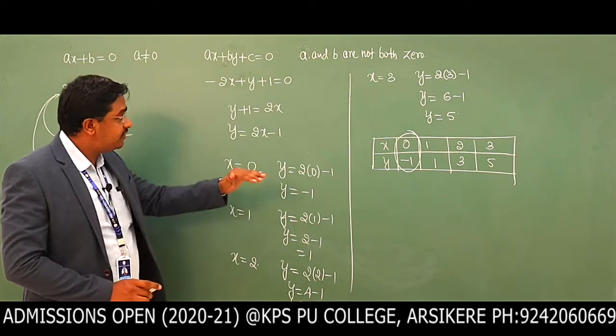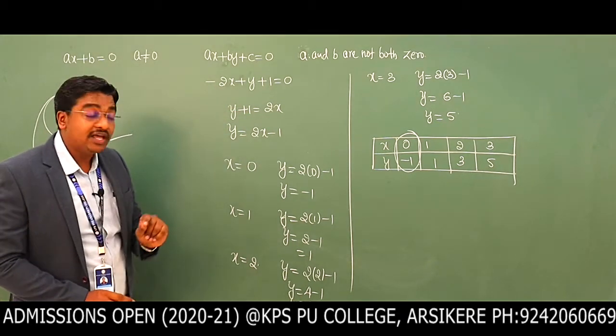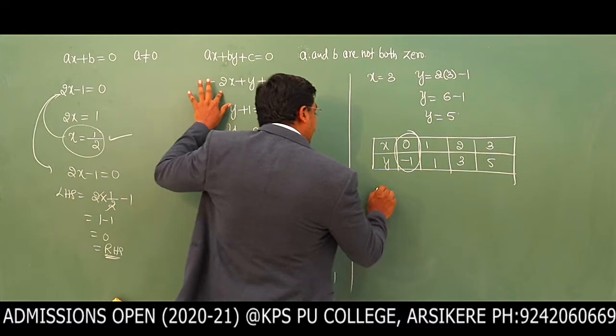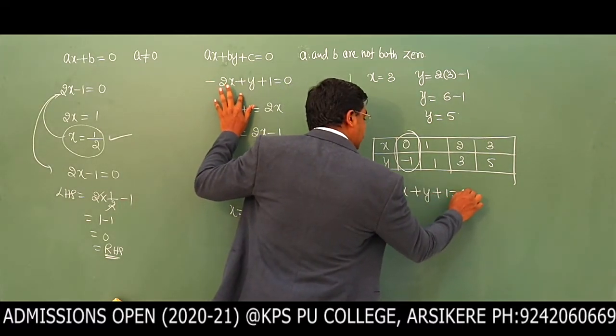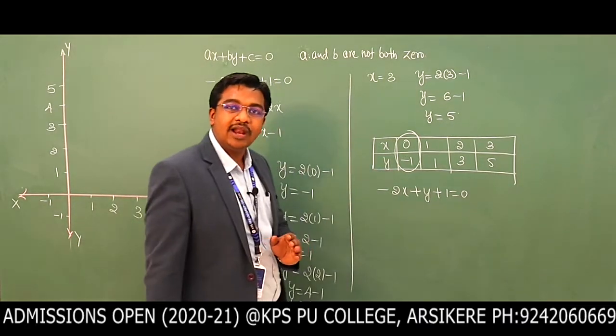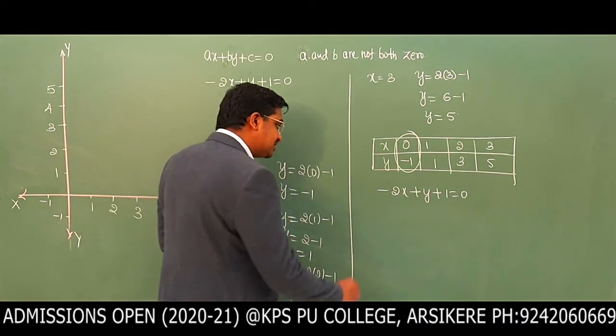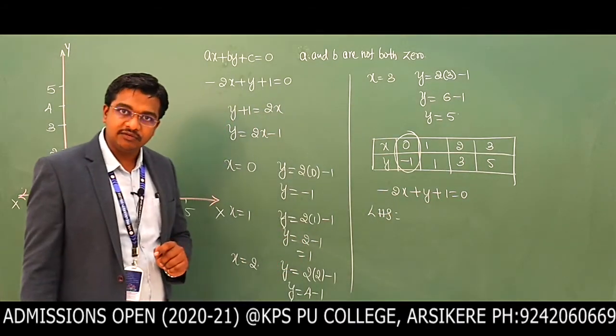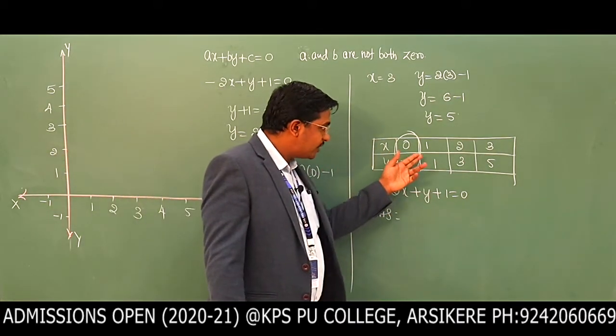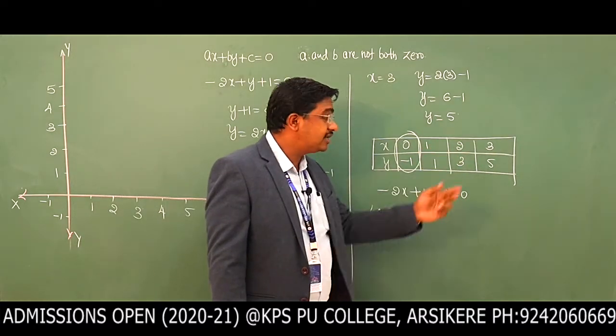When we substitute these values in the equation, the equation will be satisfied. Just observe here: minus 2x plus y plus 1 is equal to 0. Now consider the values of x and y. First consider the LHS. Consider any pair of values of x and y here: either 0 and minus 1, 1 and 1, 2 and 3, or 3 and 5.